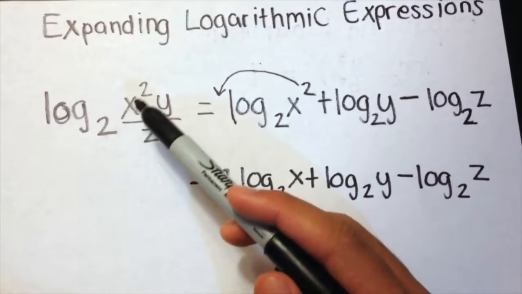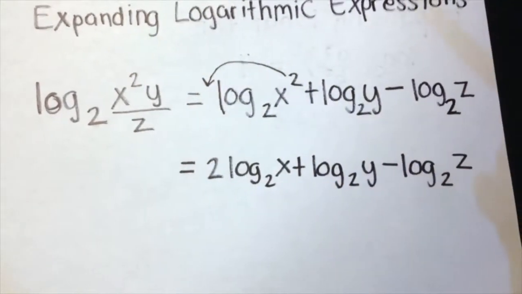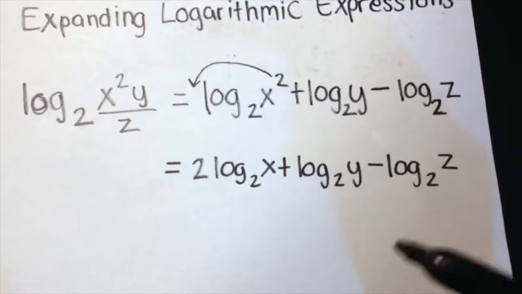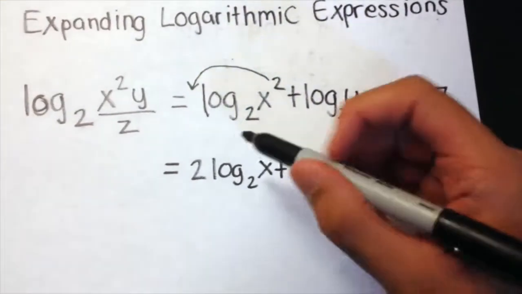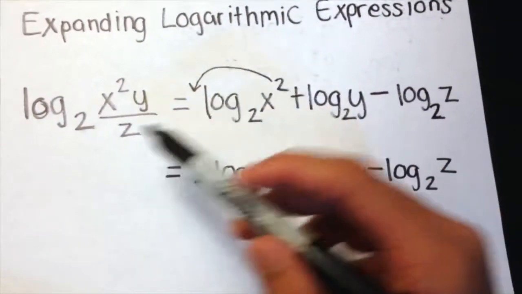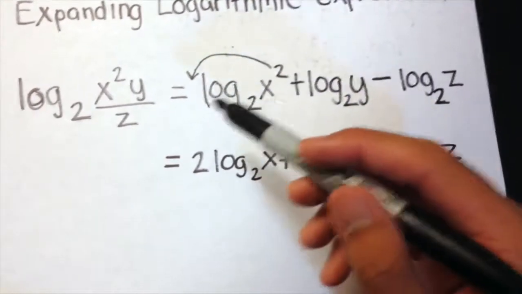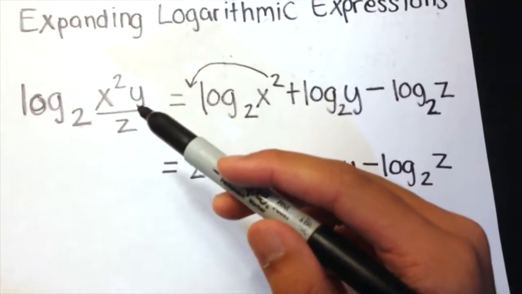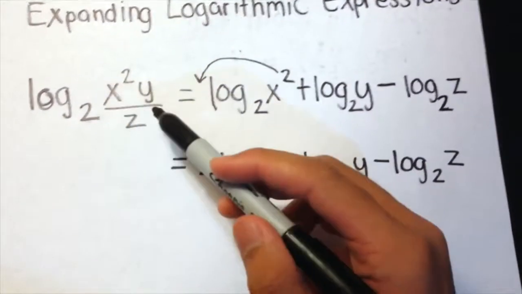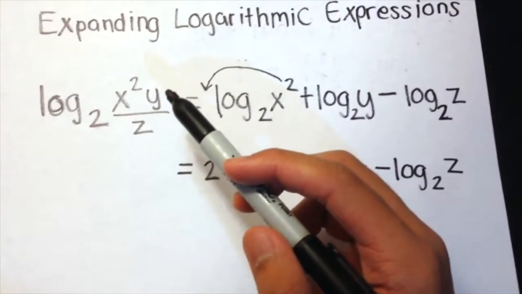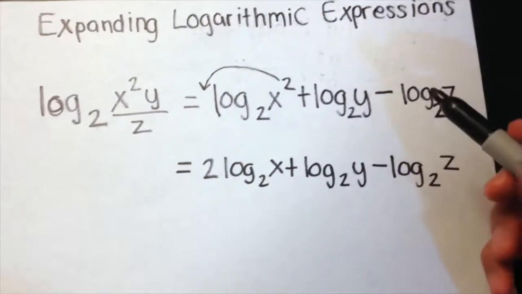Since x squared is being multiplied by y, that's the product property, and the product property says that you have to use addition. So for here, you would put log base 2 of x squared as one log, plus, since it's multiplying, log base 2 of y. And for here, it's dividing, which would be the quotient property, and the quotient property states that you must use subtraction.